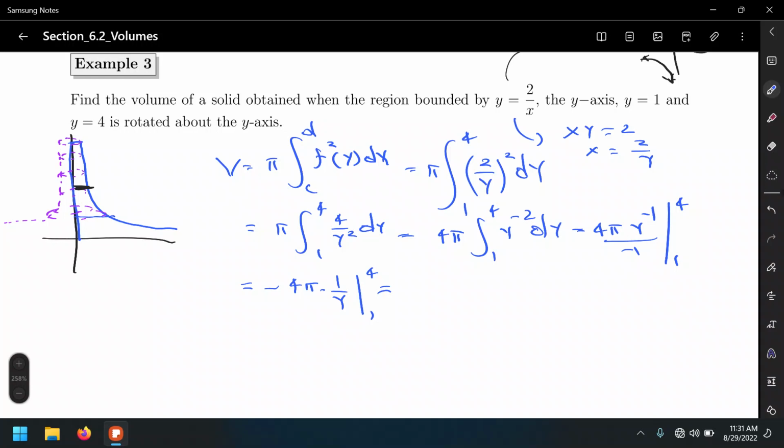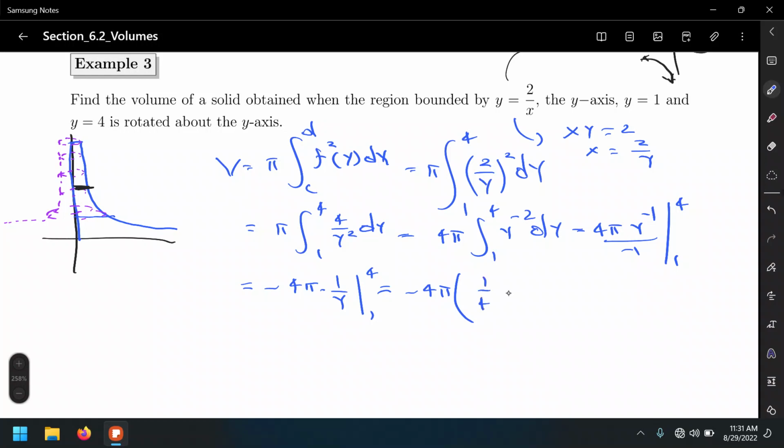Okay, so that's going to be negative 4 pi. And by the way, don't be scared about the negative sign in here, because let's pause a little bit here. We're finding volumes. The sign of these results has to be positive. There's no such thing as negative volume. That's kind of weird. But here you'll see what's going to happen.